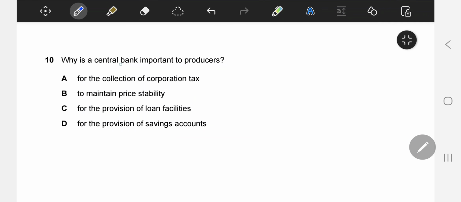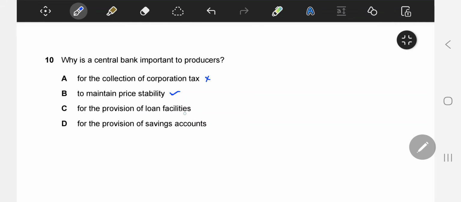Why is a central bank important to producers? For the collection of corporation tax? The central bank does not collect taxes. To maintain price stability? Yes, this is a possibility, by controlling inflation and things like that.